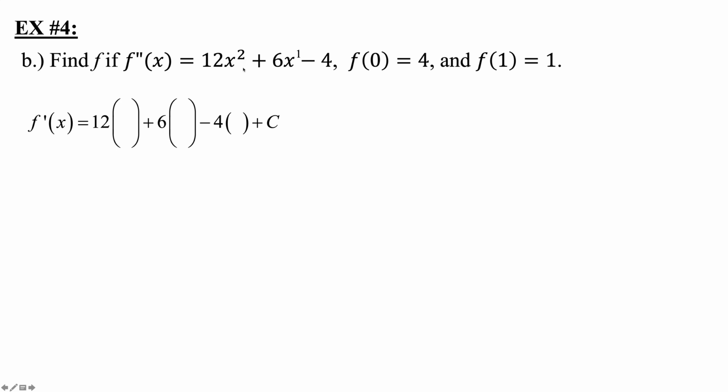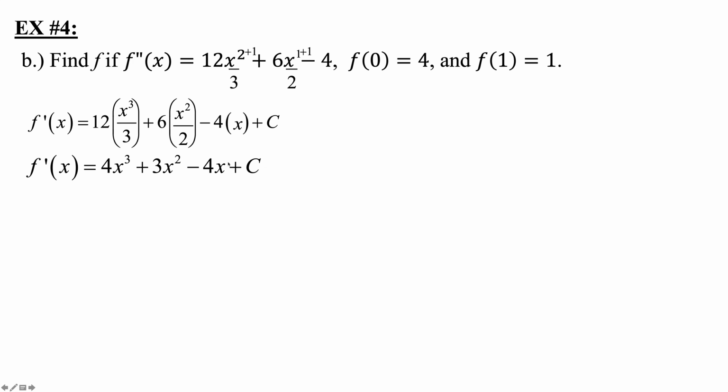Add 1 to the 2, make it 3, divide by 3, x to the third over 3. Add 1 to the 1 makes it a 2, divide x squared by 2. Put it in your parentheses. It's a constant, just multiply it by x. Let's do some simplifying. 3 goes into 12, 4, 2 goes into 6, 3, and there's my f prime, the antiderivative of f double prime.